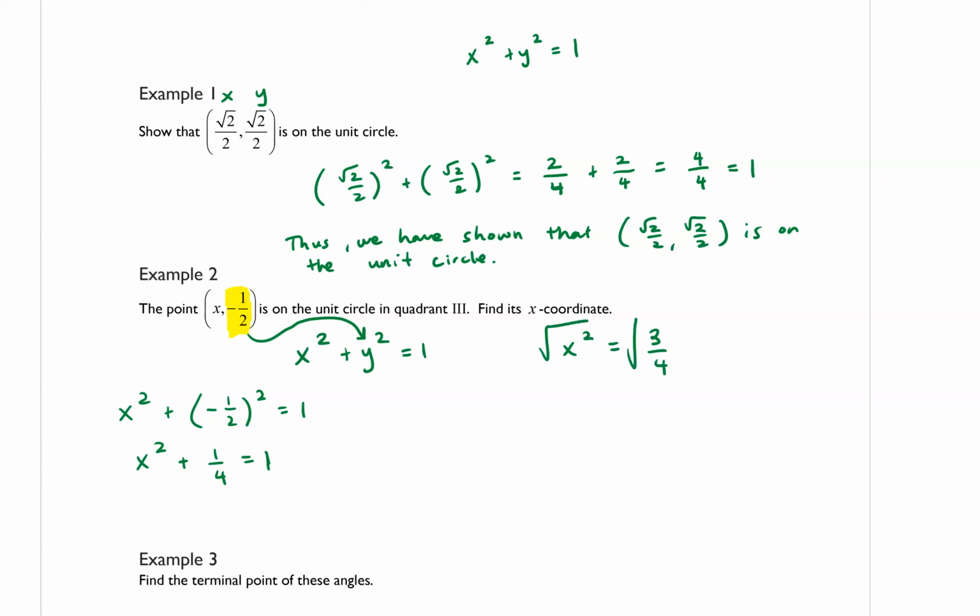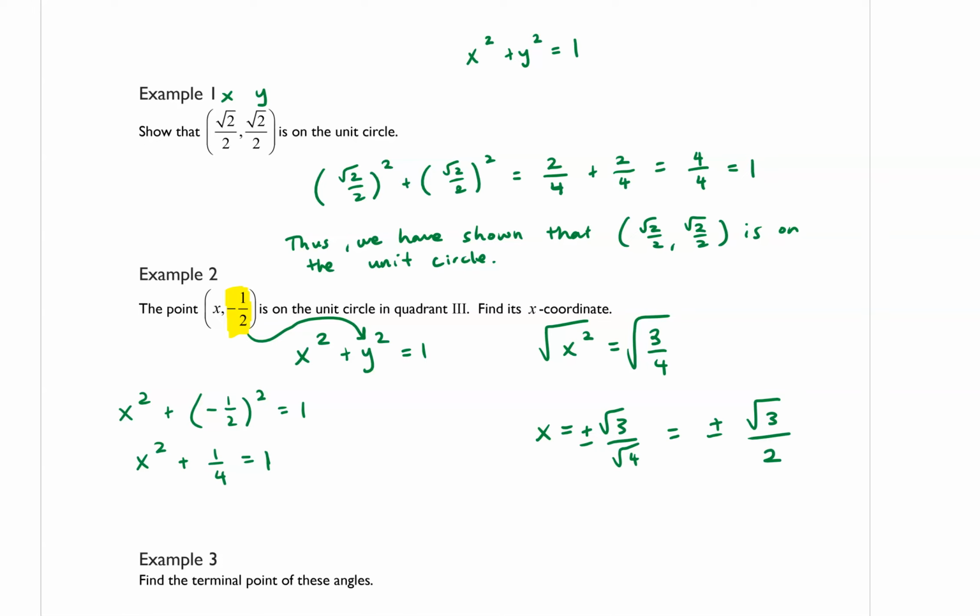And then if I take the square root of both sides, we get that x is equal to plus or minus the square root of 3 over the square root of 4, which ends up equaling plus or minus the square root of 3 over 2.